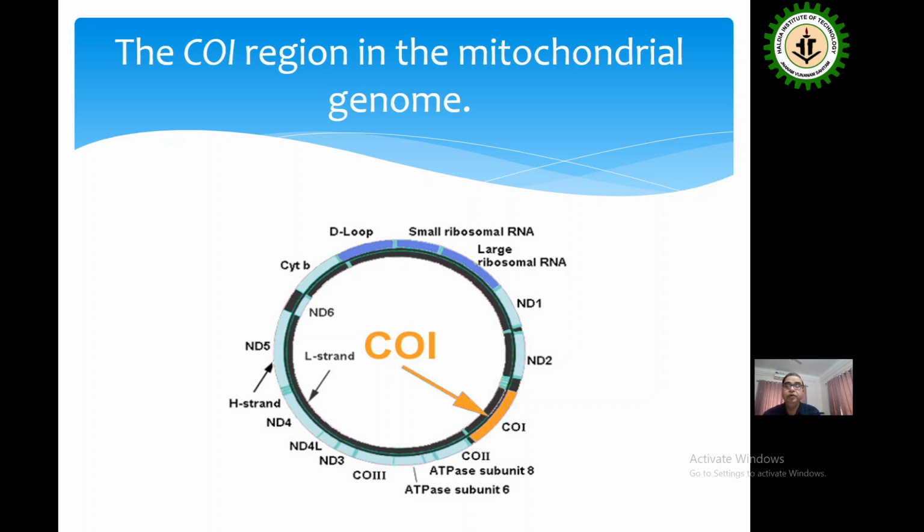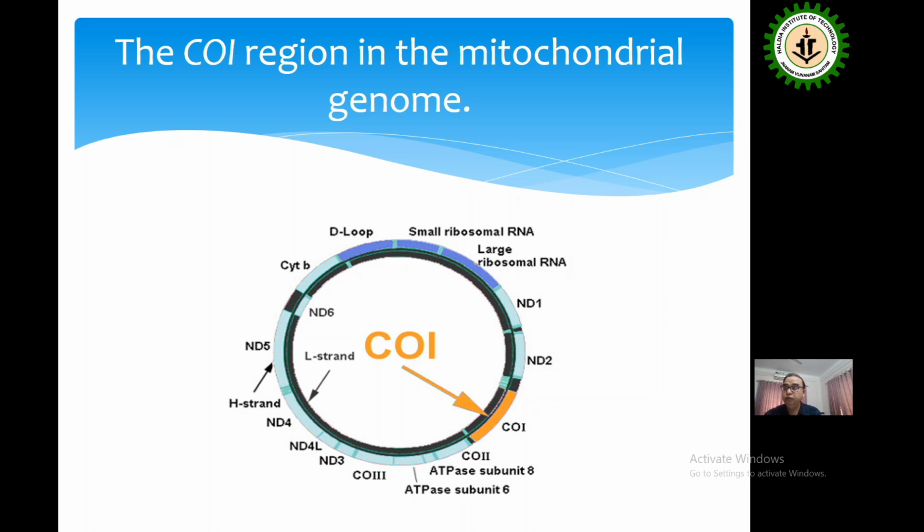So in this discussion, we will consider this region only. Another advantage of mitochondrial DNA is that it is maternally inherited. That means if we can trace the mitochondrial DNA, we can trace the ancestry also.